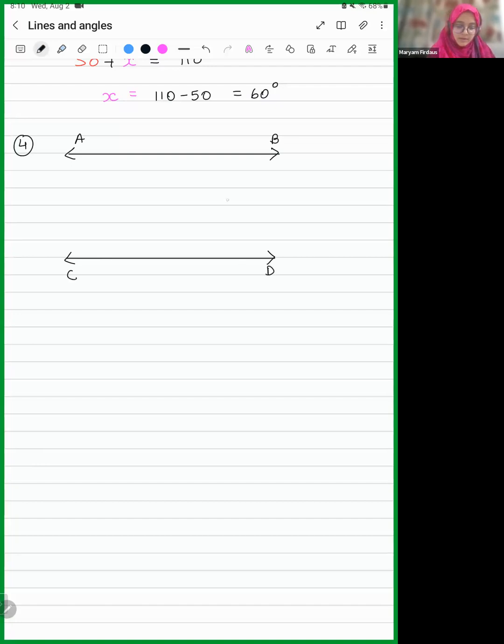And here we have a triangle PQR. This angle over here is 50 degrees. Then we have Y, we have X, and this angle over here is 127 degrees. We have to find X and Y. This is very simple.